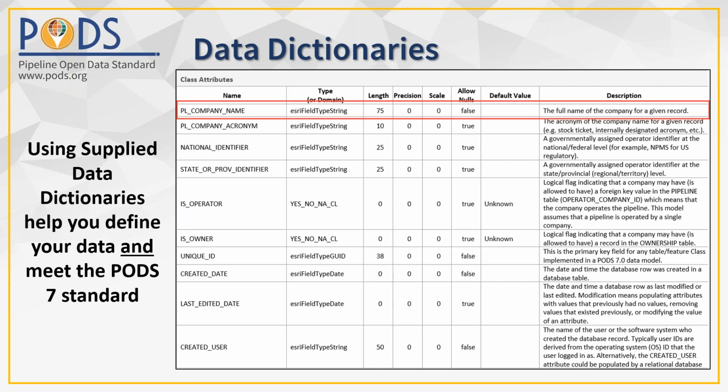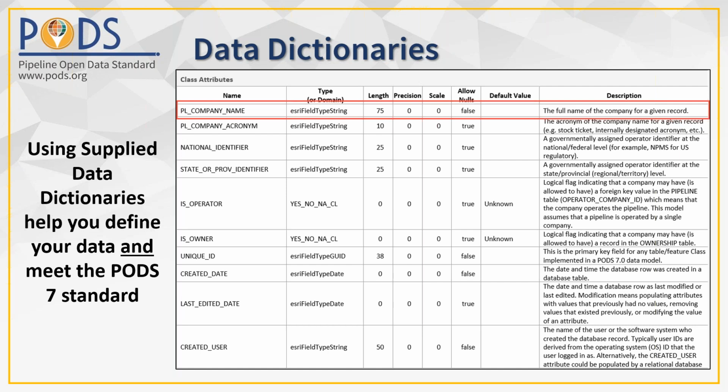You can imagine in a data model, there are so many data tables, and each and every one of the items within that data table has to be documented. If you haven't looked at the documentation for PODS 7 or previous data models, you'll find data dictionaries exist for every table.